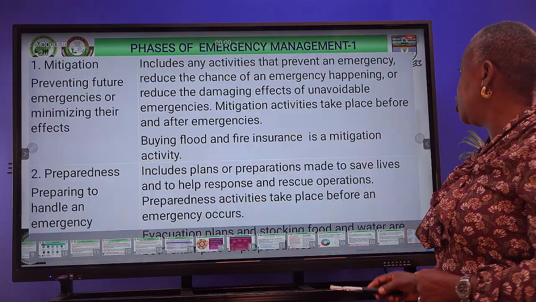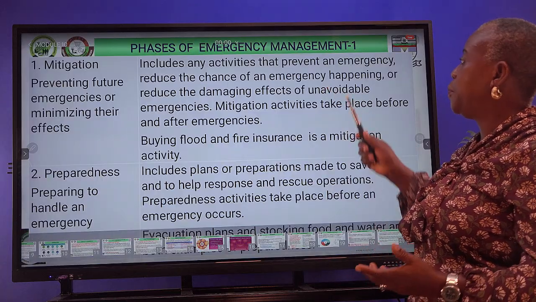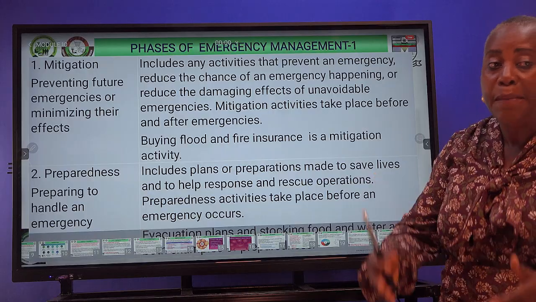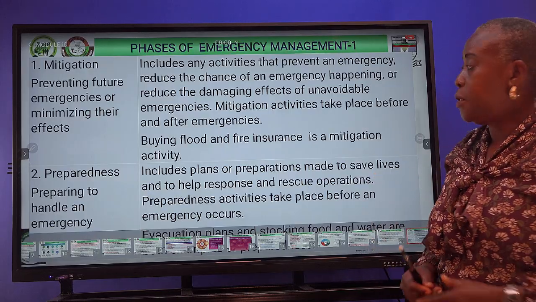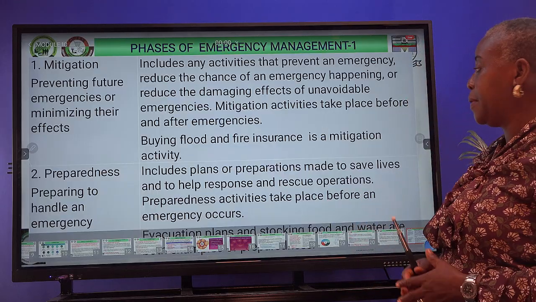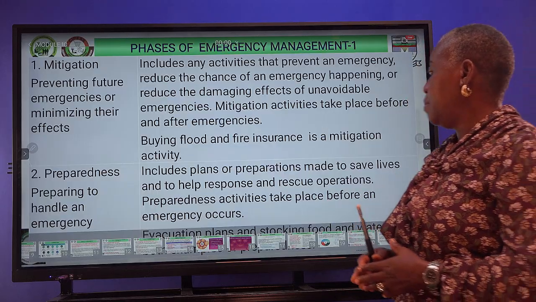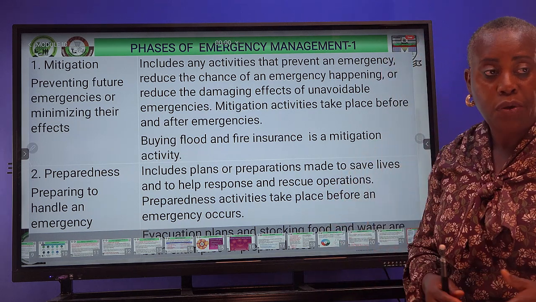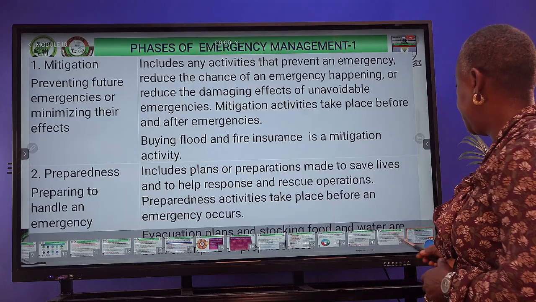So in mitigation, you have to prevent emergencies, reduce the chance of that emergency occurring, or reduce the damage that the emergency will cause. While in preparedness, you plan to save lives and help in the rescue process. Preparedness is your capacity to take action before the emergency occurs.